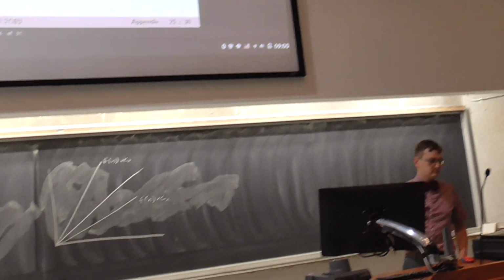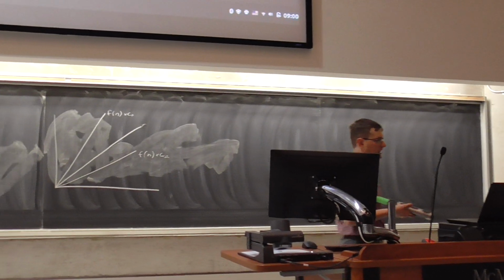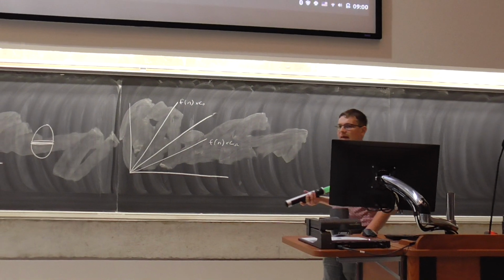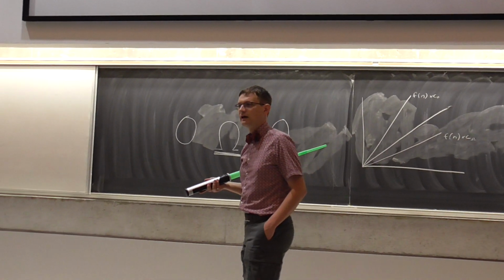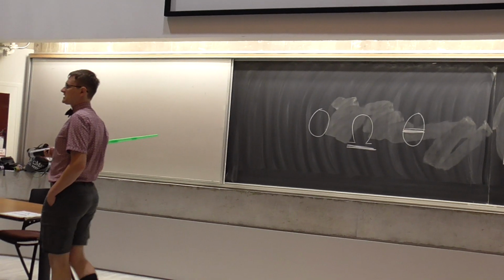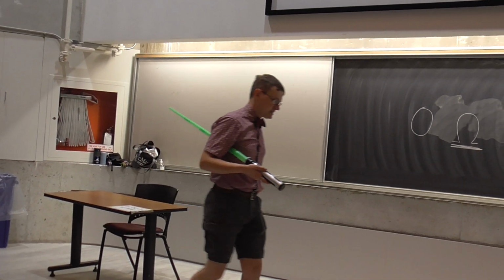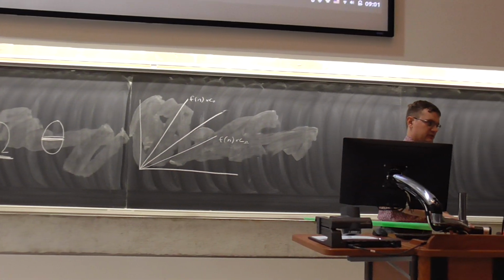So, the domain of f of n is typically the natural numbers, right? It doesn't really make any sense to think of an array with 3.5 elements in it. Insofar as inputs are discrete, because things in computers generally are discrete, that means that the domain of that function is the natural numbers.